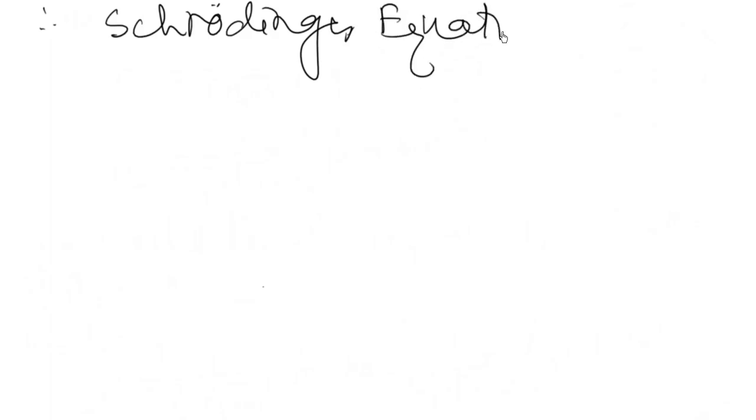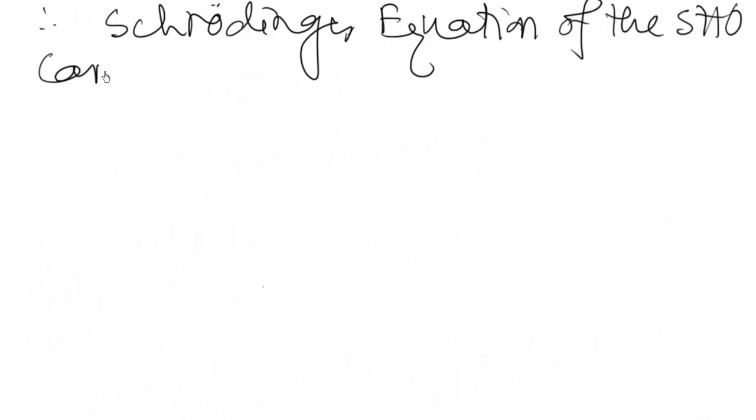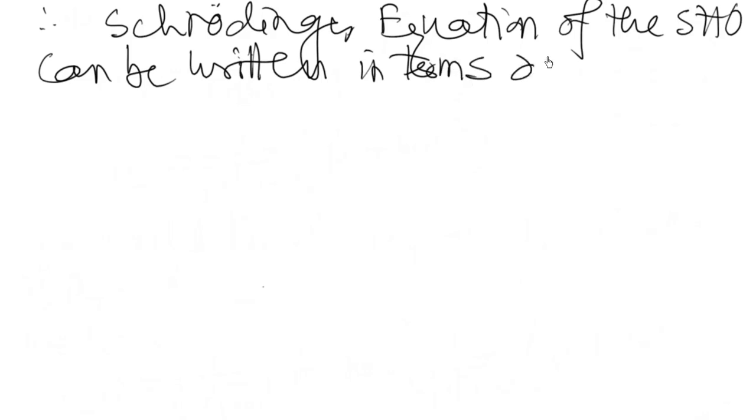Therefore, the Schrödinger equation of the simple harmonic oscillator can be written in terms of A plus and A minus.